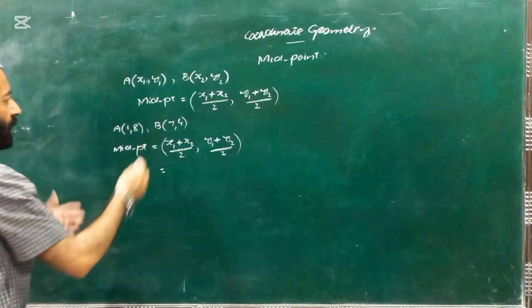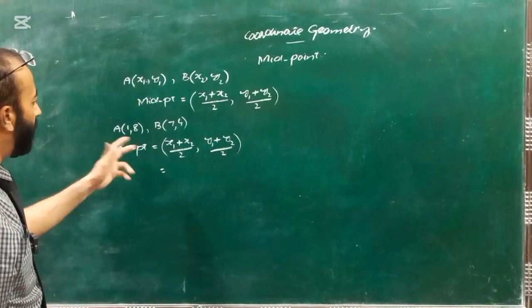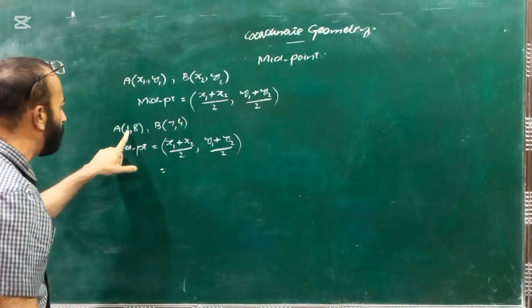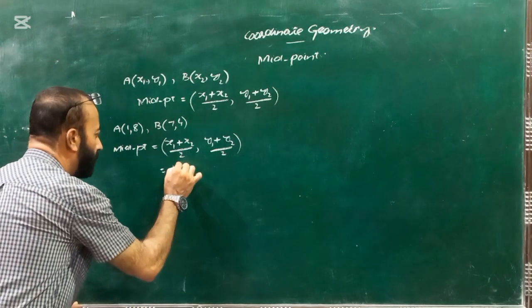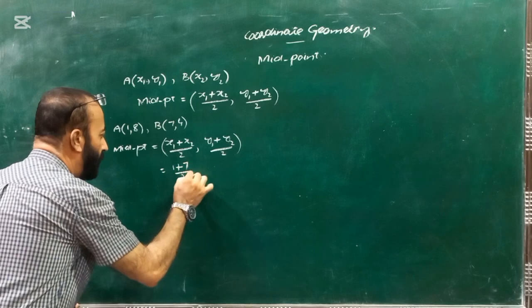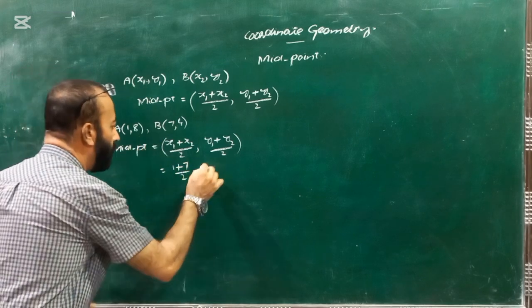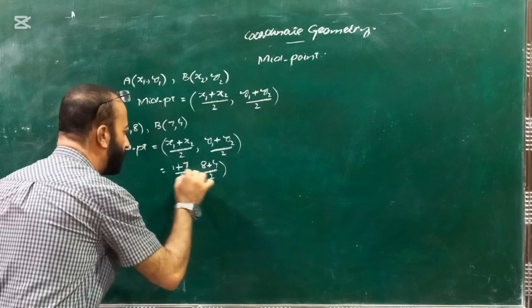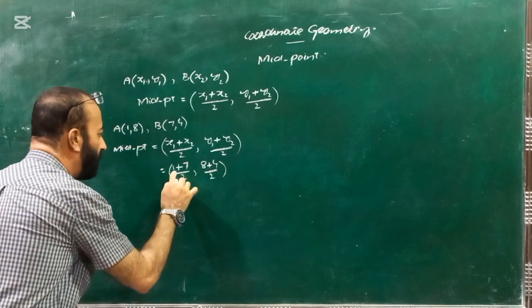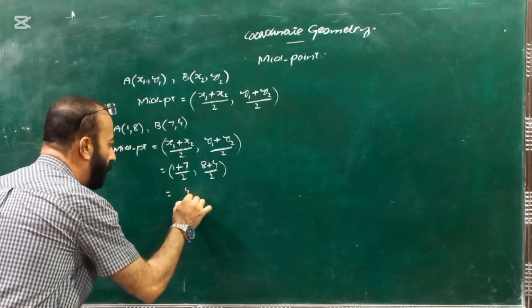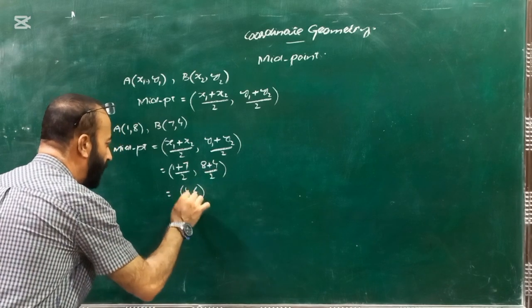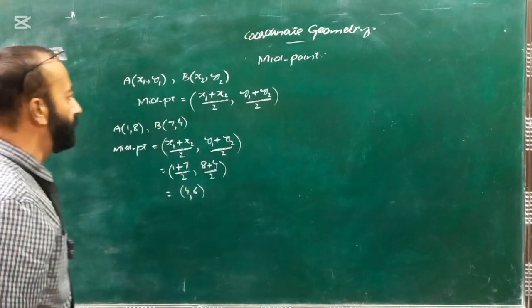Take any point as x1 y1 and the other as x2 y2. So 1 plus 7 divided by 2 and 8 plus 4 divided by 2. So 1 plus 7 is 8, divided by 2 makes 4. 8 plus 4 is 12, over 2 will be 6. So this is the midpoint.